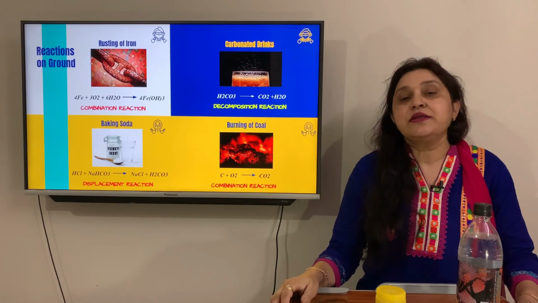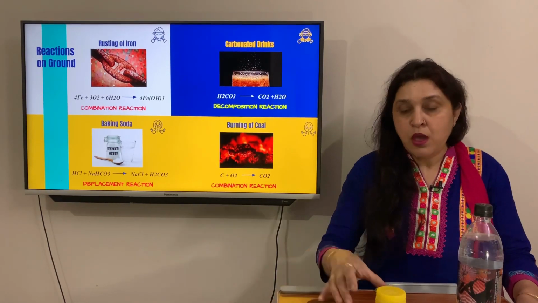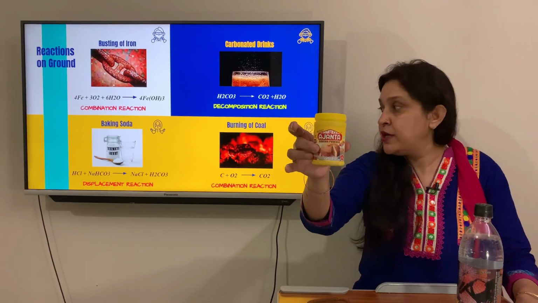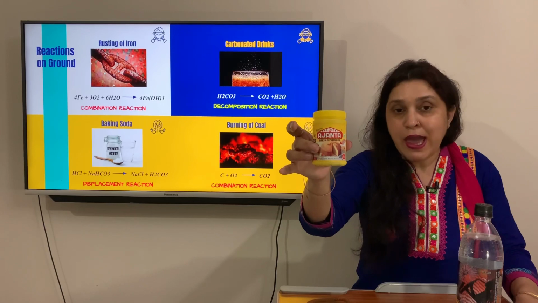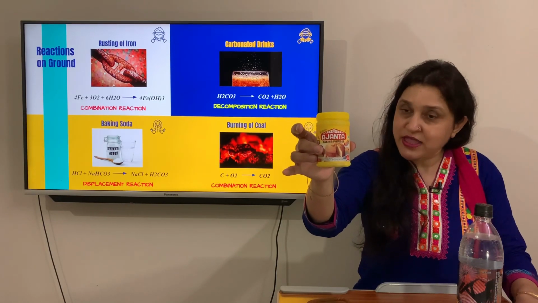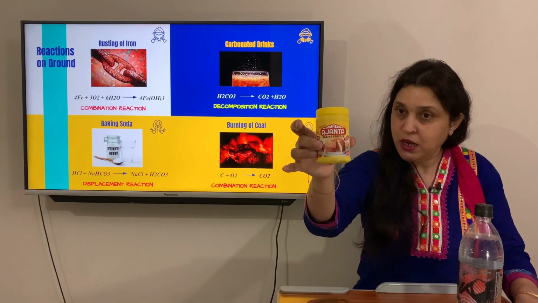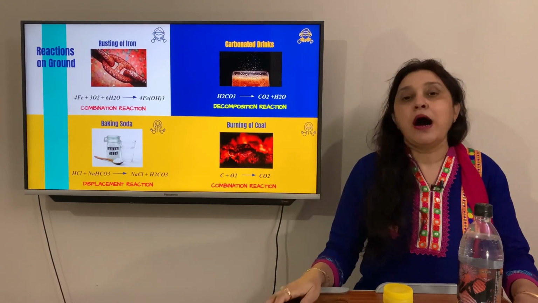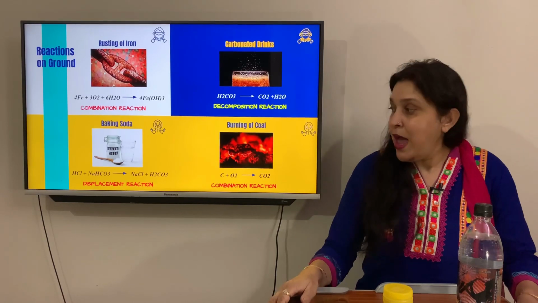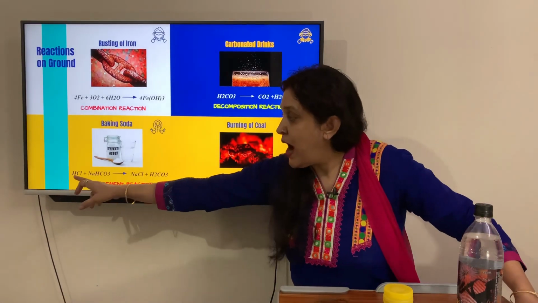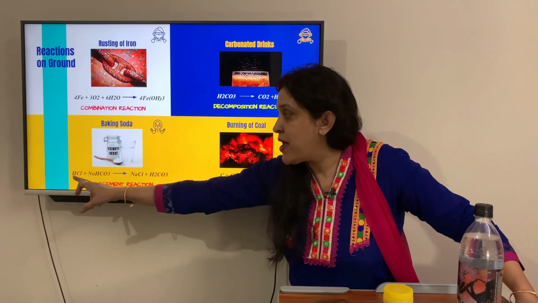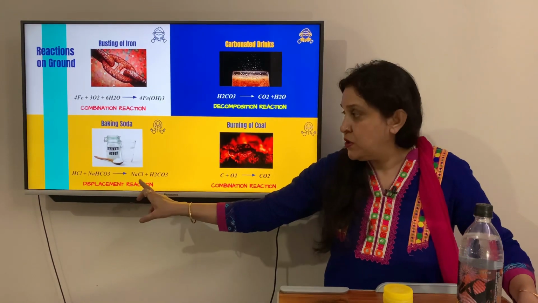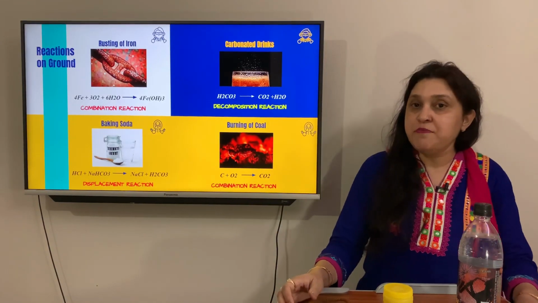When there is acidity in our stomach, we drink a solution of this sodium hydrogen carbonate, and it neutralizes the acid which is produced in our stomach, and it forms sodium chloride and carbonic acid. And see, in this reaction, hydrogen is displaced by sodium and sodium chloride is formed. So this is a displacement reaction.